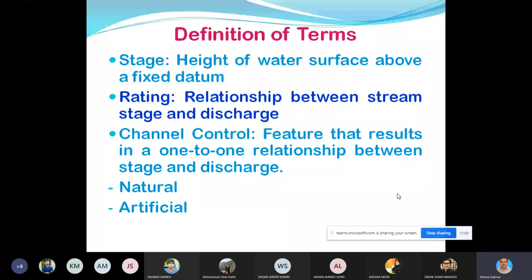So any features, natural or artificial, that result in a one-to-one relationship between these two parameters are known as the channel control. If the features are natural, obviously that will be known as the natural channel control. And if they are artificial or man-made, then it will be known as the artificial channel control. There are three types of channel controls. We'll discuss them in the coming slides.